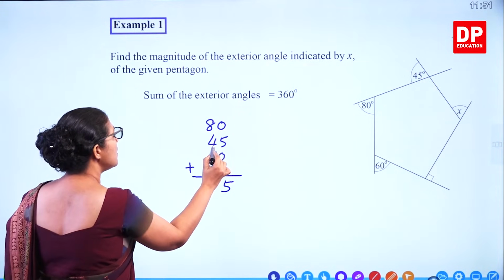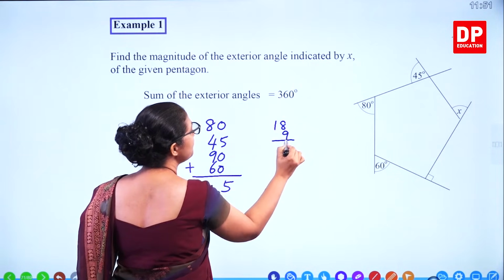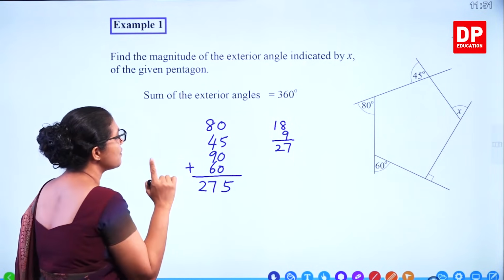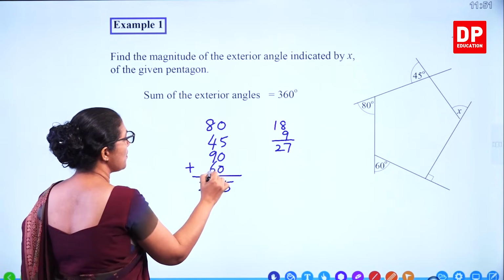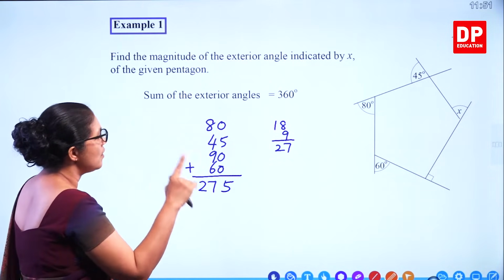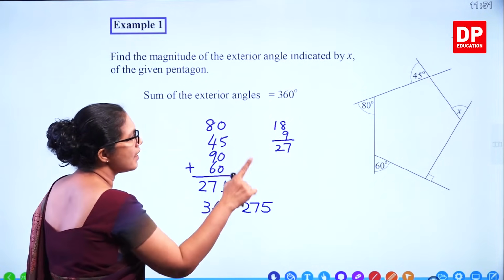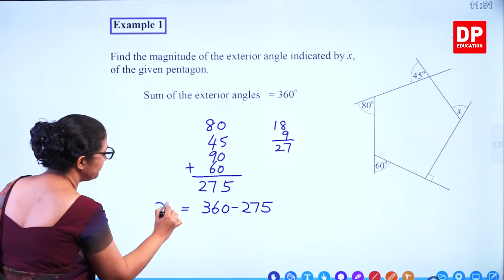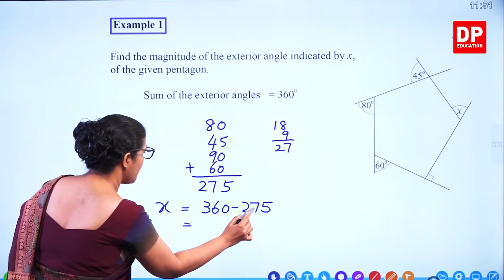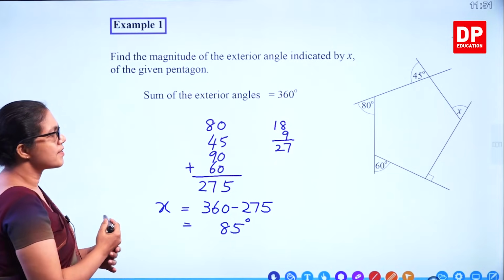You get 275. So 360 minus 275 is the x value. 5 and 5, 10. And this is 8. 8 and 8, 16. So 85 degrees for x.